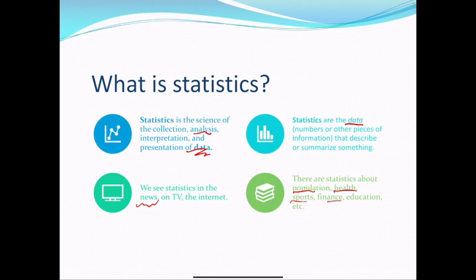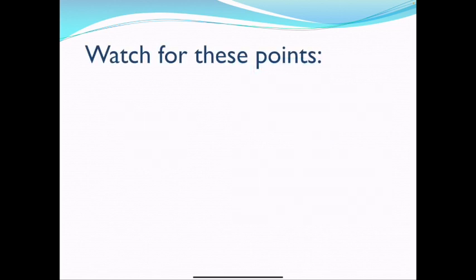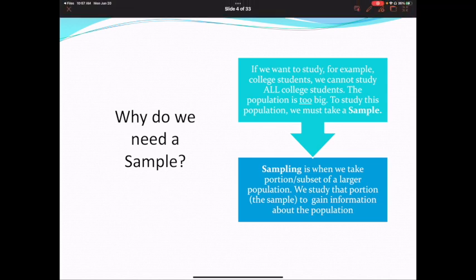When we want to study a population or learn something about a population, sometimes it's not possible to study everyone in that population. For that, we need a sample. For example, what if we wanted to study all college students?